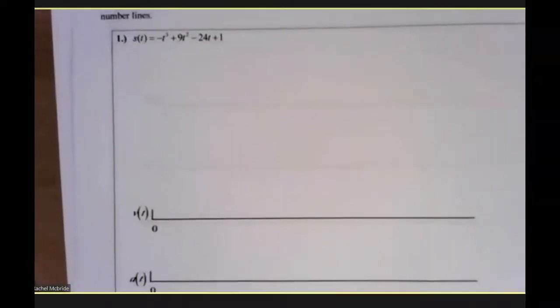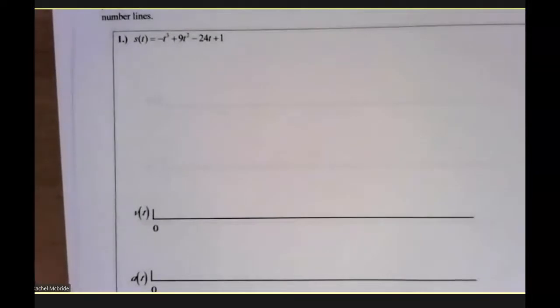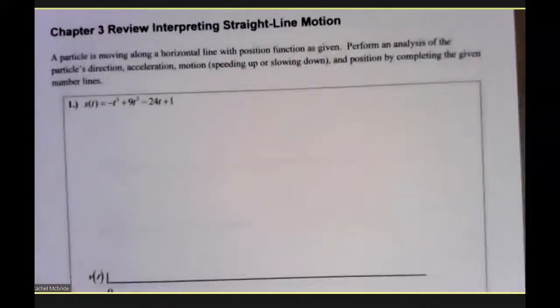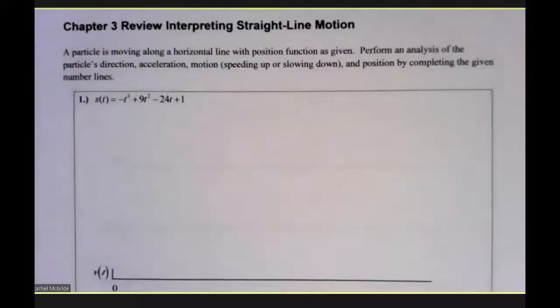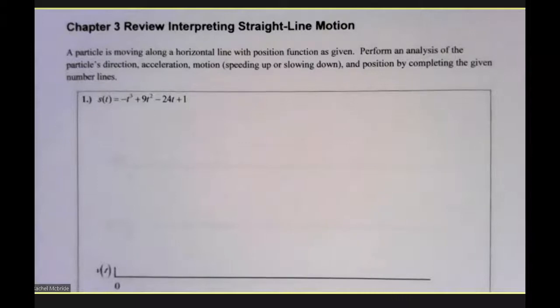Okay, let's go on to straight line motion. So these were the type of problems where we did motion along a line. So this is section 3.4. It says a particle is moving along a horizontal line with the position function given below.